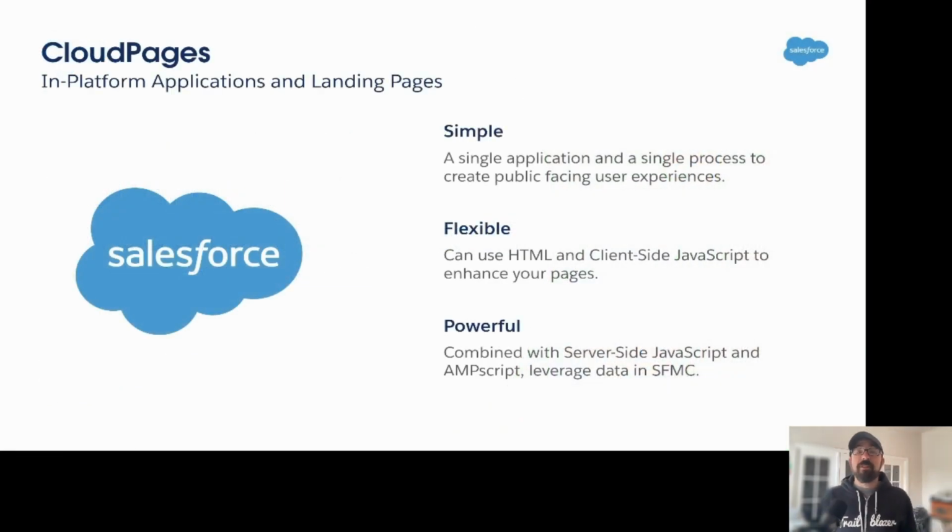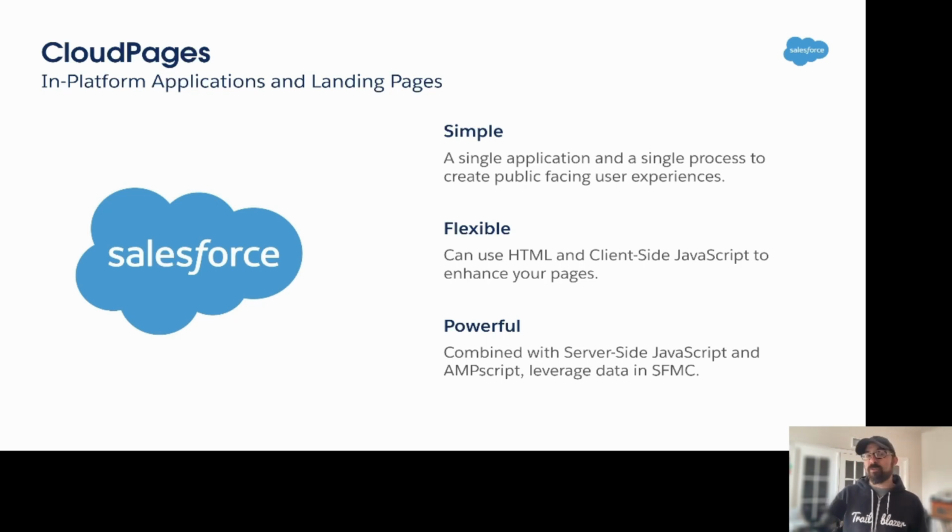So we're talking about CloudPages, one of my favorite features within Salesforce Marketing Cloud. CloudPages are simple, single-page application and processes typically created for public-facing user experiences. So that means a standard HTML, JavaScript, CSS web page for your customers to experience.